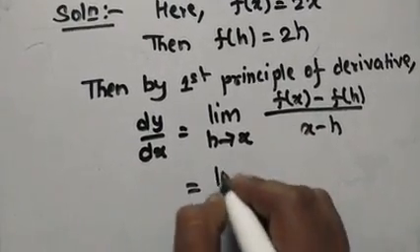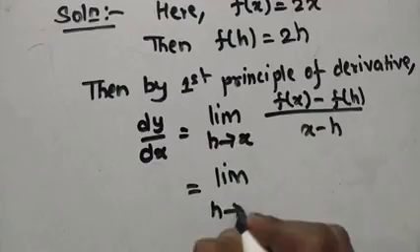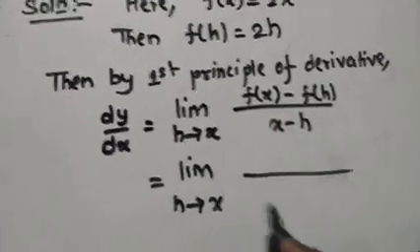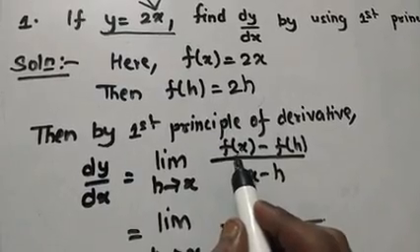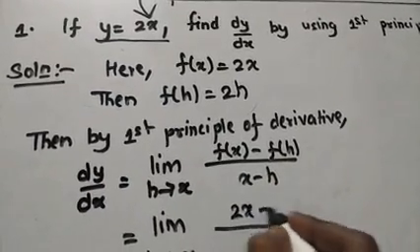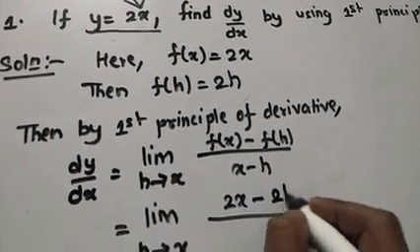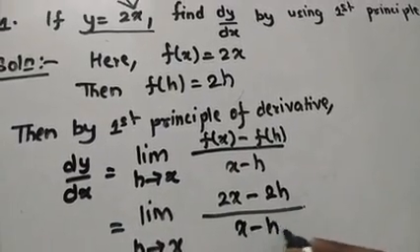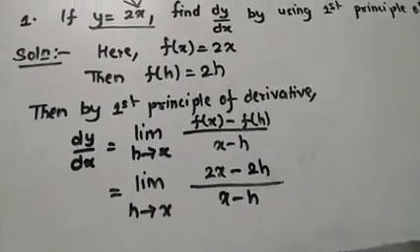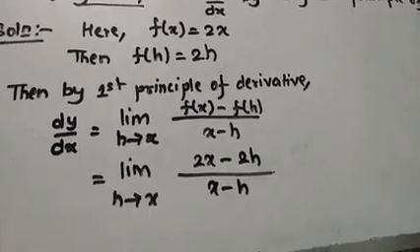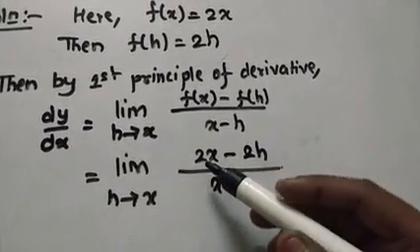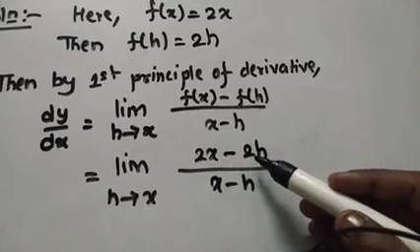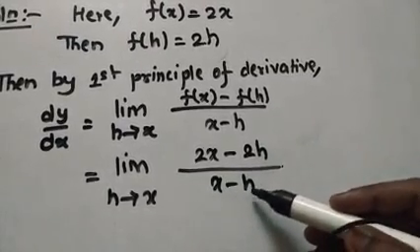Then putting the values: what is the value of f of x? 2x. What is the value of f of h? 2h. So in the numerator, after putting the values we get 2x minus 2h divided by x minus h.